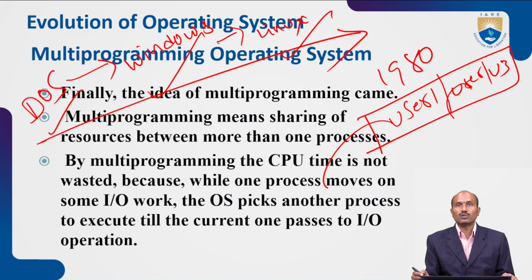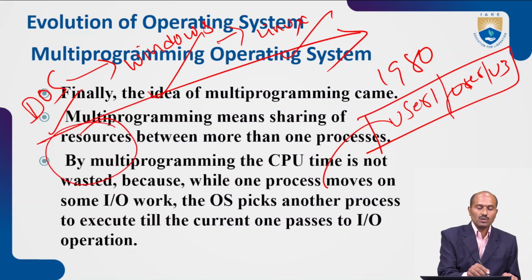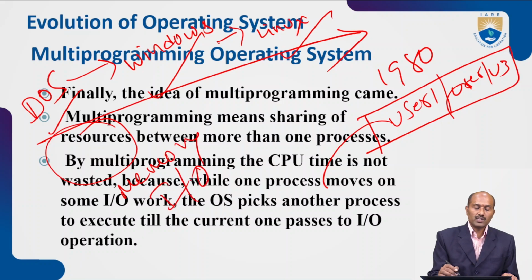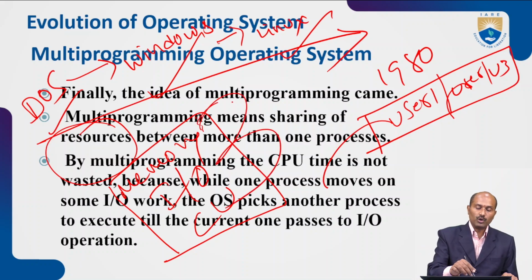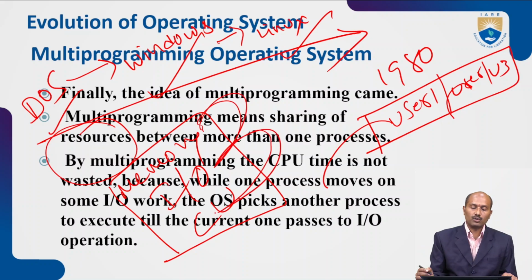The sharing of resources. The resources are memory. Memory is one resource. Input output is one resource. The control unit is one resource. These are the primary resources. So more than one process shares the resources simultaneously, like memory, input output unit and control unit.